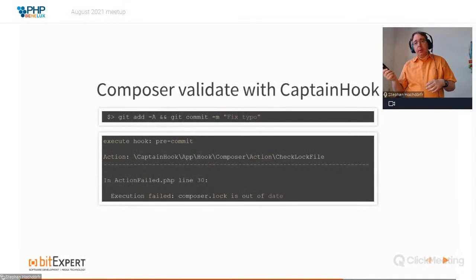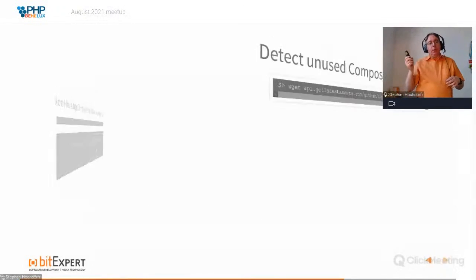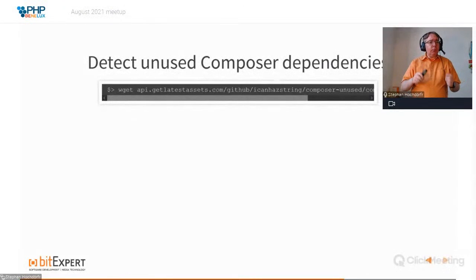Another thing you may want to keep in mind is to be aware of composer dependencies that you do not use, and uninstall them, because obviously the more dependencies you have, the larger the possibility that there is some error or some problem somewhere that you don't know.